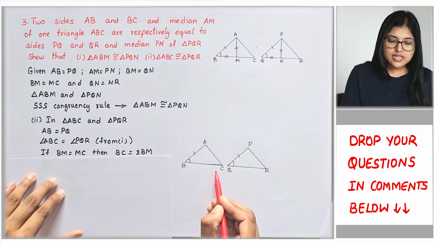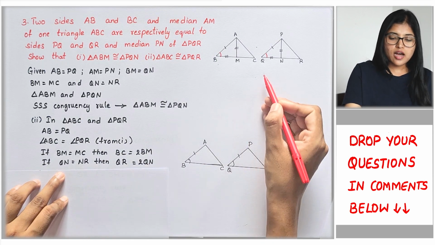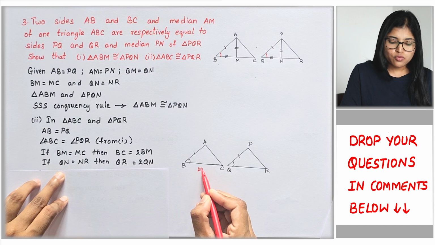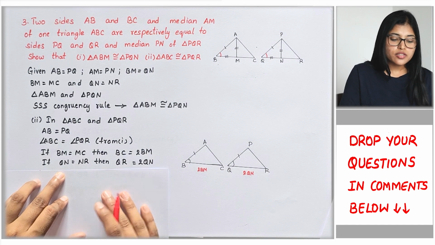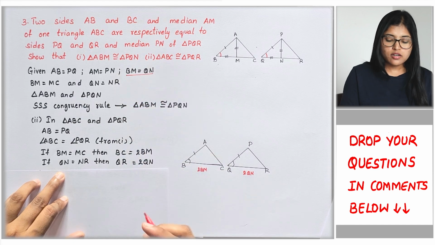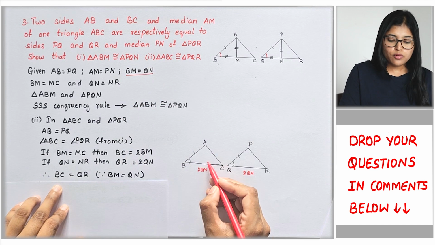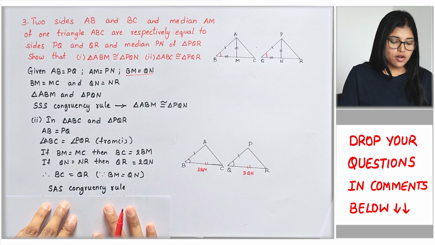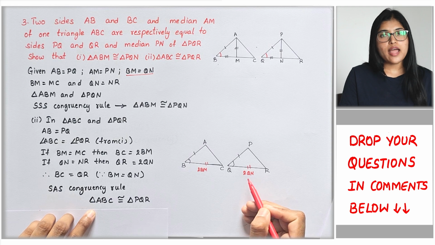So I can write BC as 2BM and QN equals NR, so I can write QR as 2QN. So this would be 2BM and this would be 2QN. However, I know that BM equals QN. So I can write BC equals QR. So this side is also equal to this side. From the side angle side congruency rule, I can prove that triangle ABC is congruent to triangle PQR.